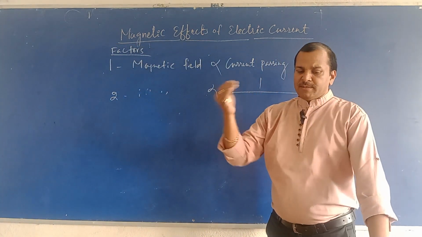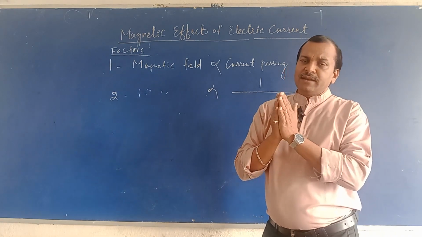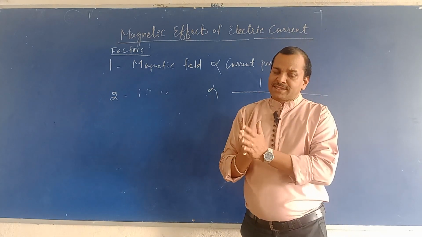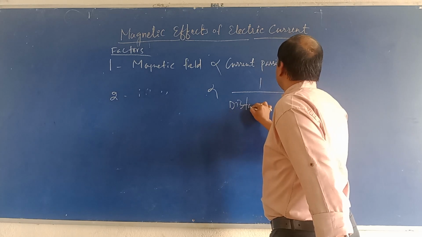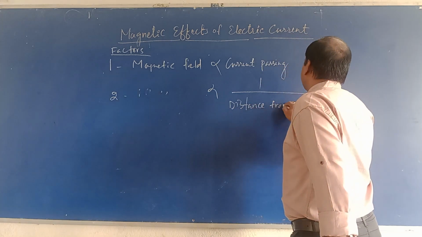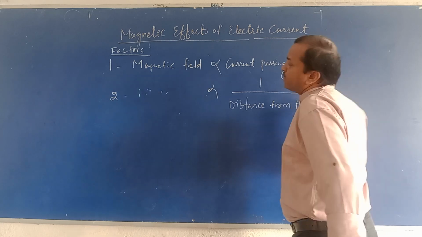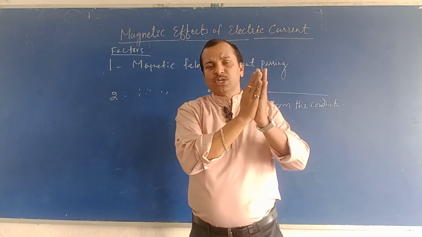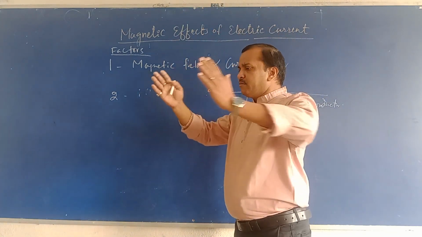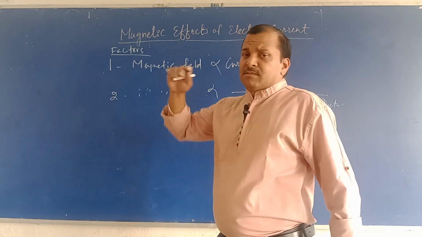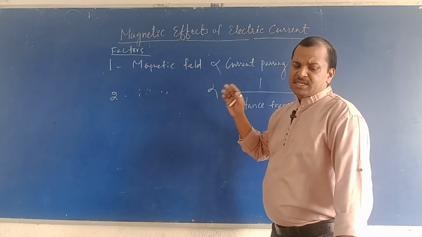Inversely proportional means it will be less when the distance is more. We already discussed that when it comes closer to the conductor, the magnetism is higher, and when it goes away from the conductor, it is lesser.